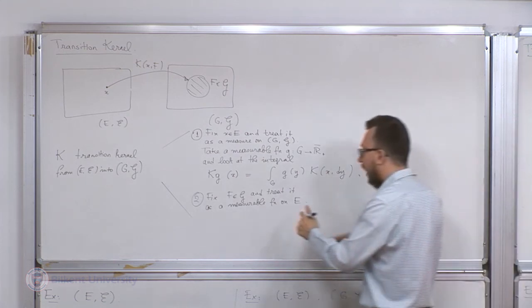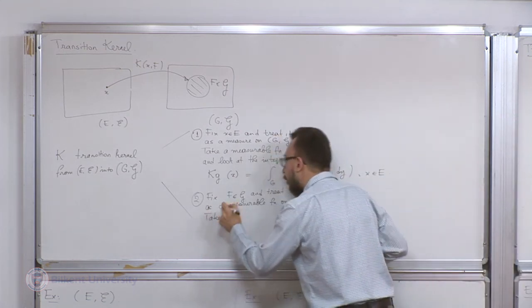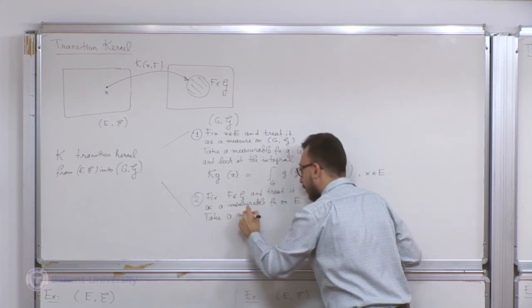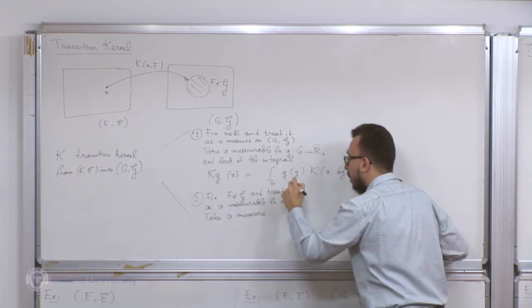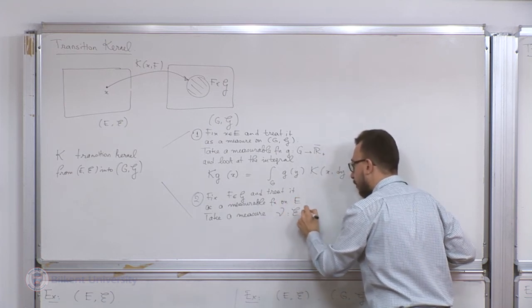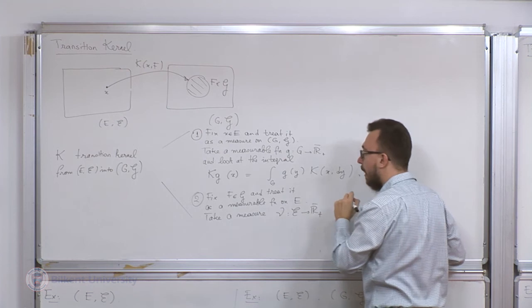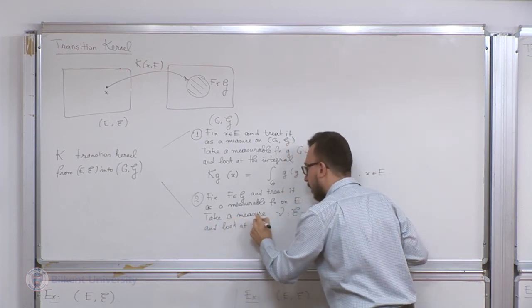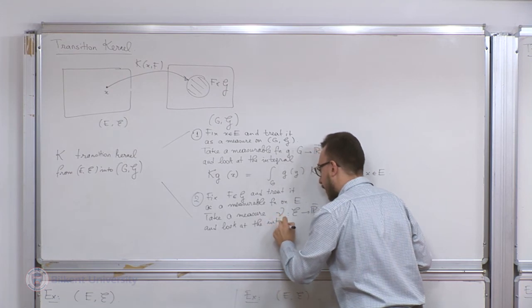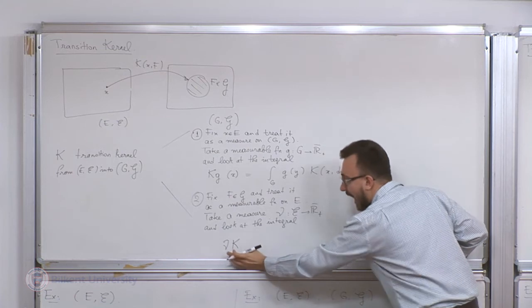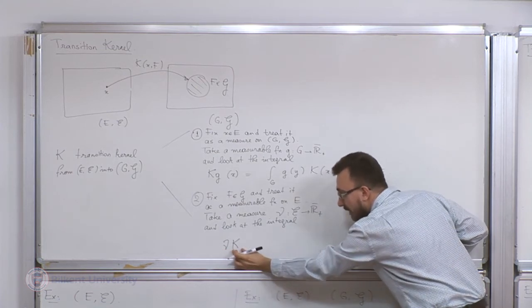So take a measure. We're exactly doing the opposite of what is happening here. Take a measure, let me call it nu from script E to R bar plus, right? And look at the integral. So now I write nu K, because this is my measure, this is my integrand.